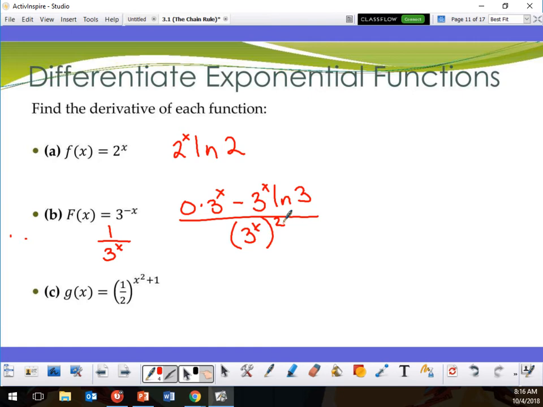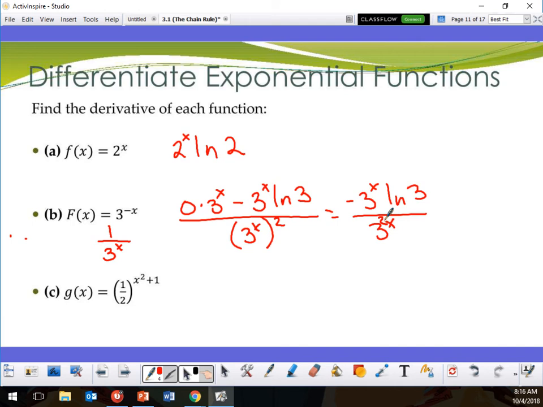Yes? Okay, so now I can clean this up. Anything times 0 is 0, so that gives me 0, so it's minus this. So it's negative 3 to the x ln of 3 over 3 to the 2x, right?